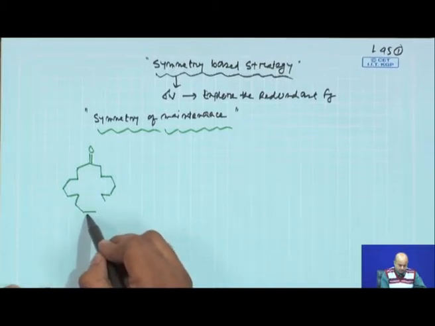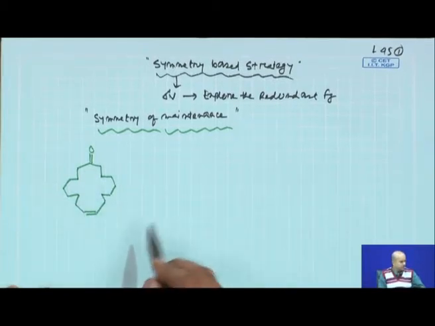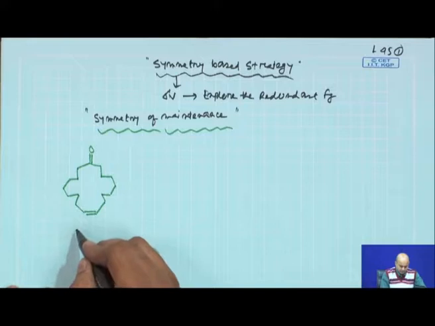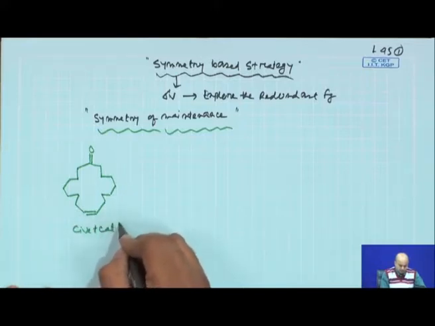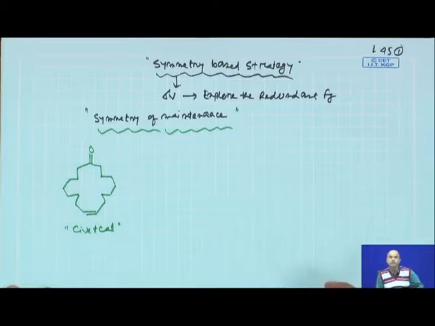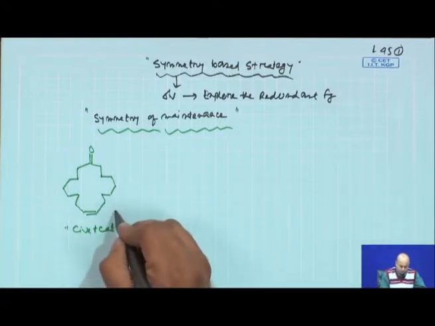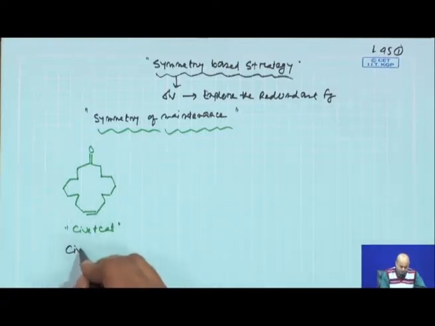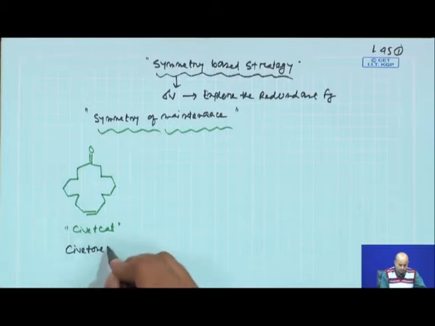Civetone was basically isolated from the civet cat, which normally lives in the Himalayan region, the high altitude region. The molecule civetone is a perfectly sigma v containing molecule.